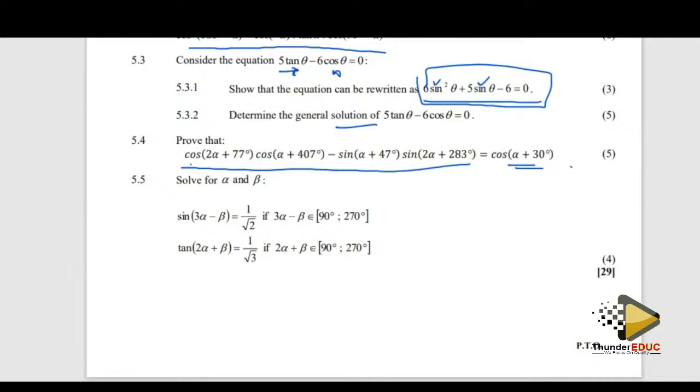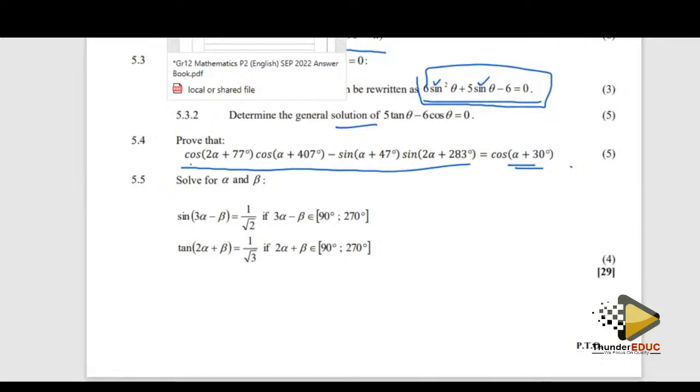Okay, let me just rewrite it again. As much as it's going to take a lot of time. But I remember this question was cut out last year.